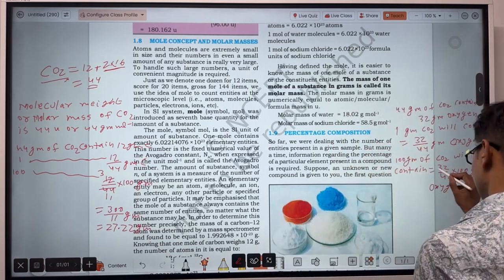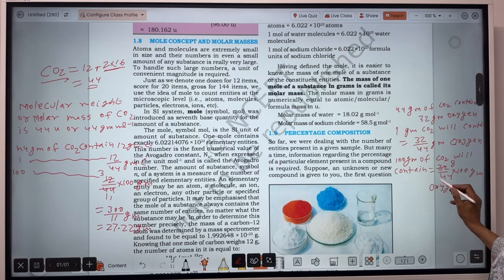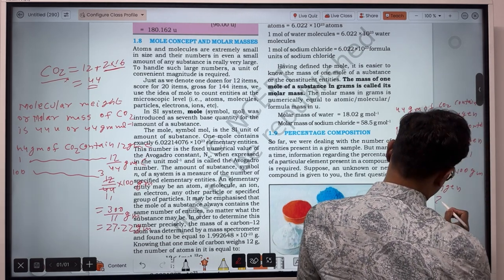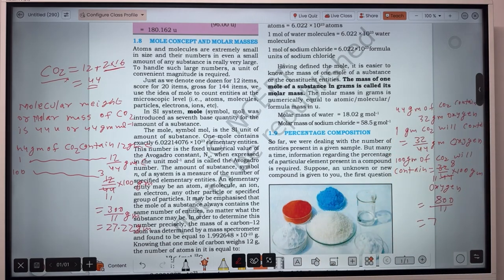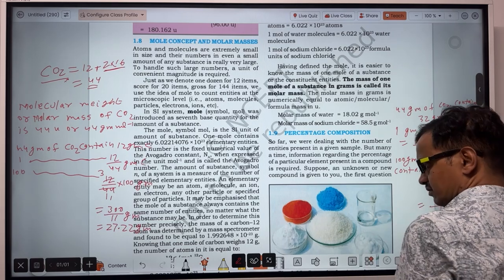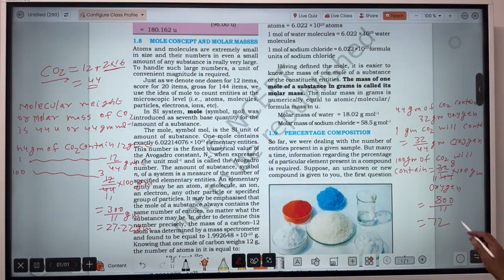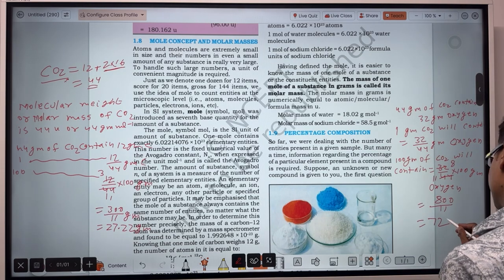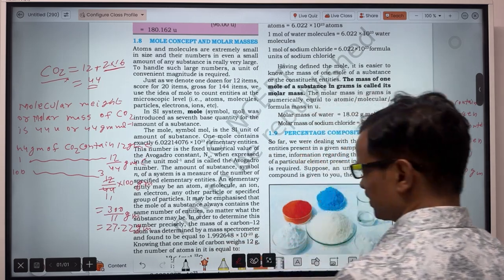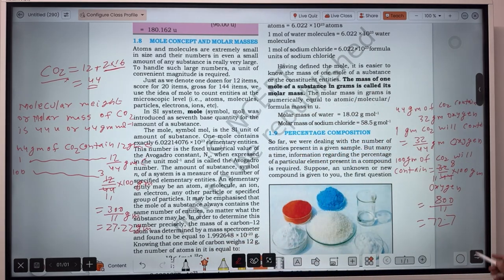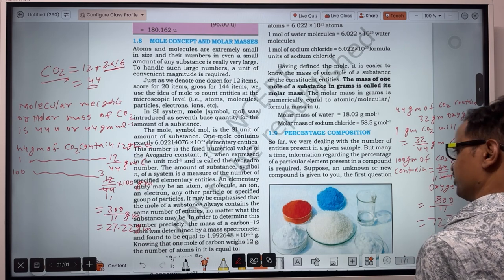Calculate here. 4 8 is 32 and here 11, that is 800 upon 11. 11 7 is 77, carry 3, 11 2 is 22, carry 8, 11 7 is 77, so 72.7, approximately that much percentage composition.